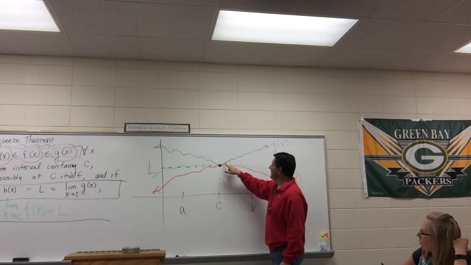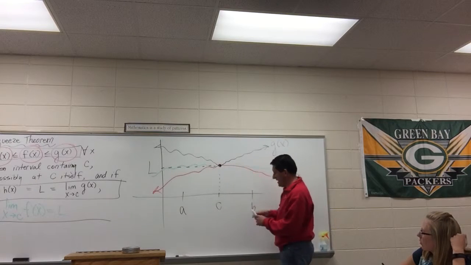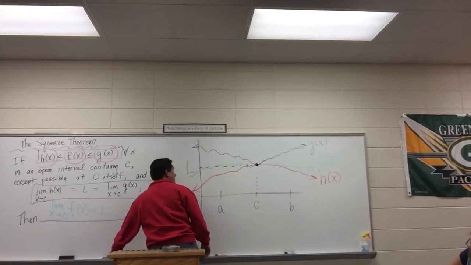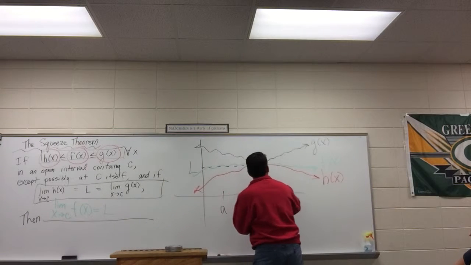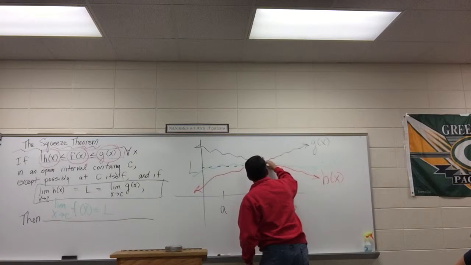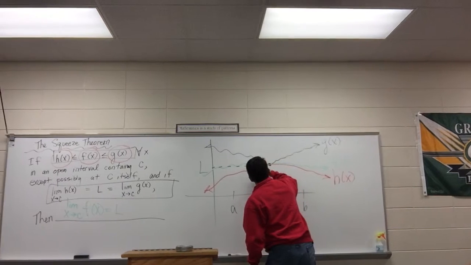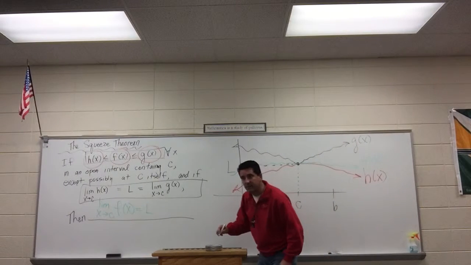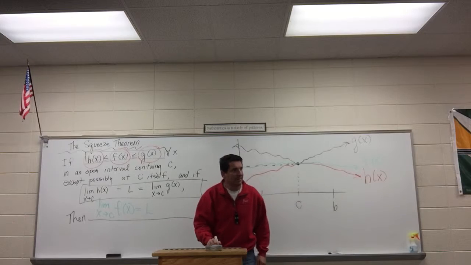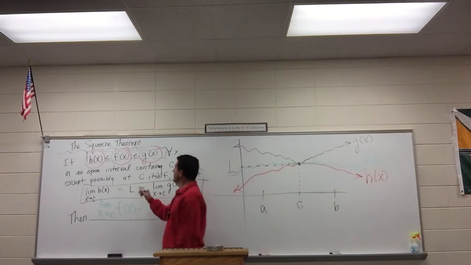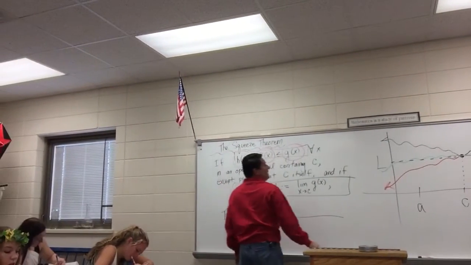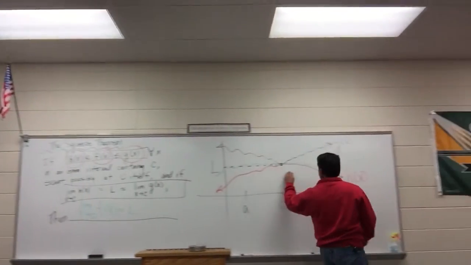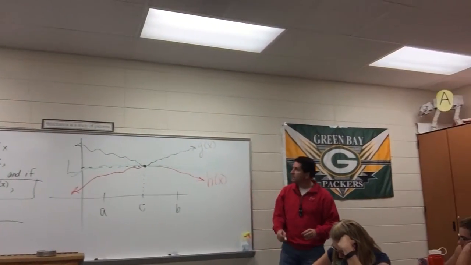Right at c, I have to make it so that this little f function has to go right in between. You sort of have to squeeze it in between. And that's why it's called the squeeze theorem.